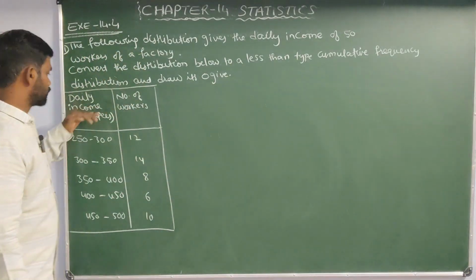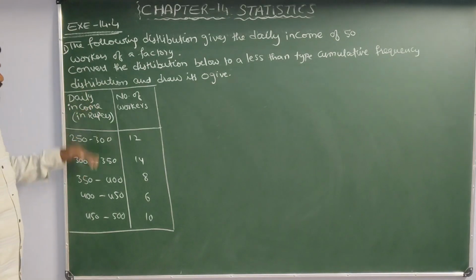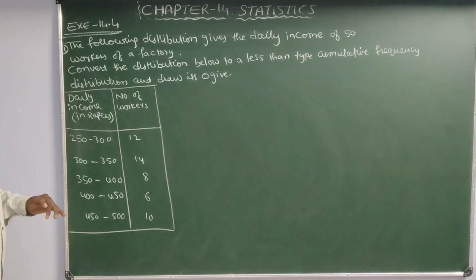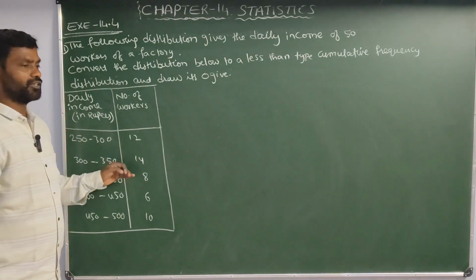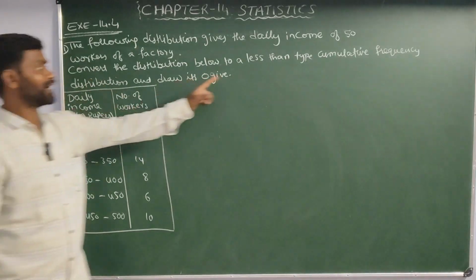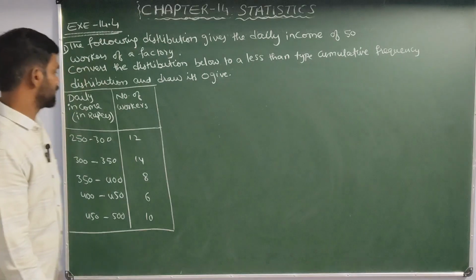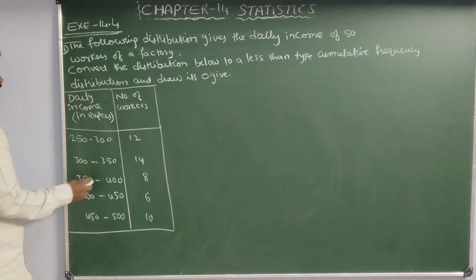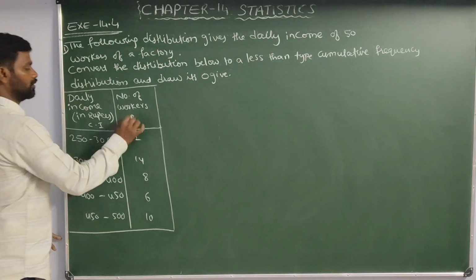Before drawing that, first of all, we have to change this frequency distribution into less than type cumulative frequency. It's very simple. These are the class intervals and these are frequencies.